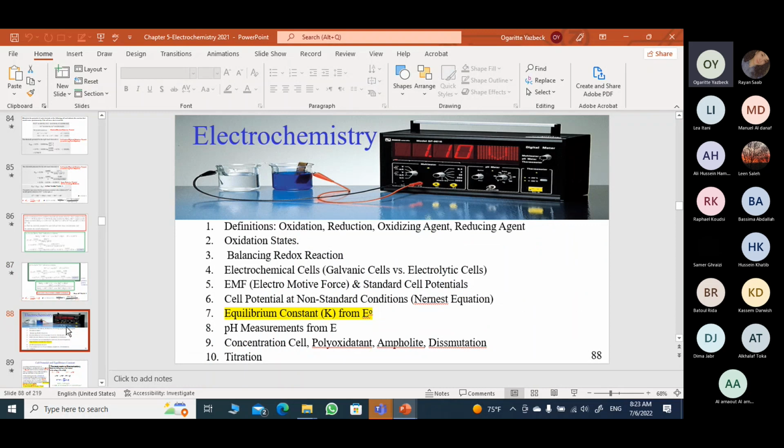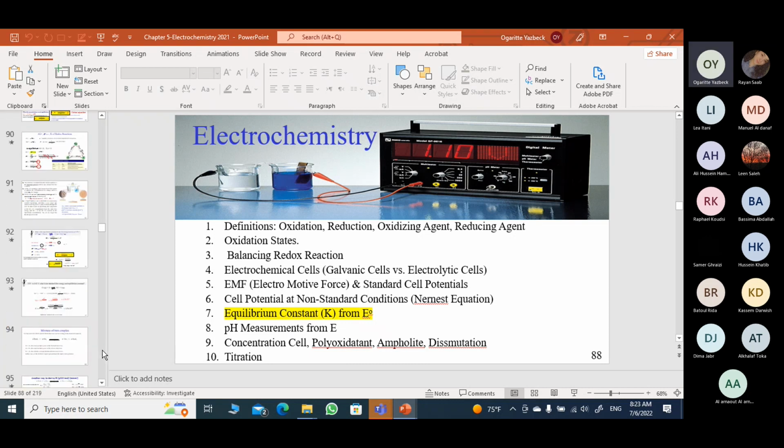Last time we did part 7, which was equilibrium constant K from E, and we derived that. Today we're going to just briefly continue a little bit with that part, okay?